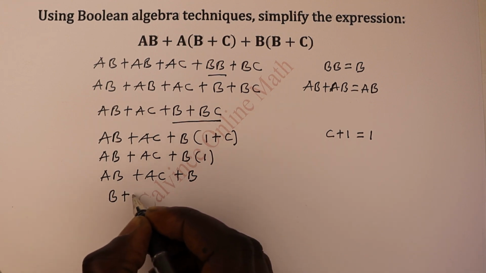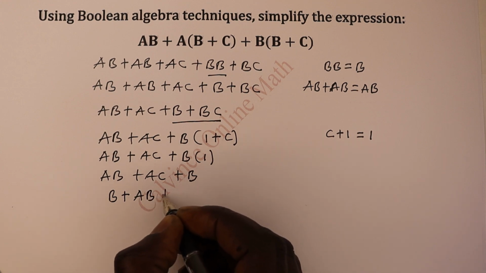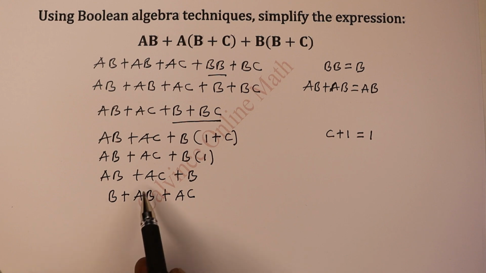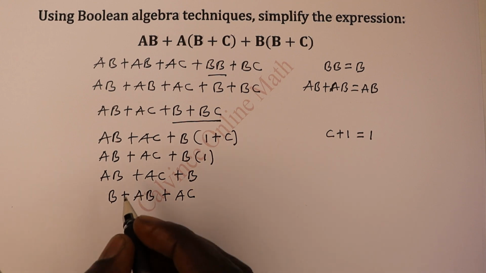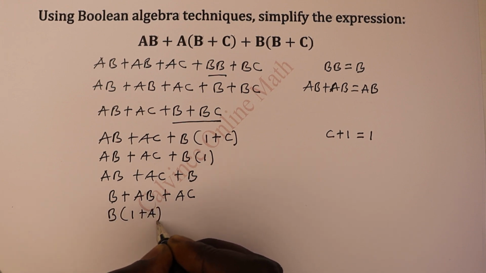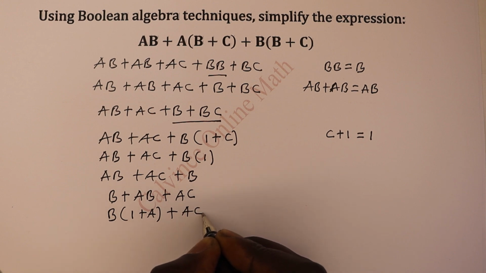Now we can rearrange this to have B plus AB plus AC. And then there's a common factor between the first and the second. So we can rewrite this as B into (1 plus A) plus AC.